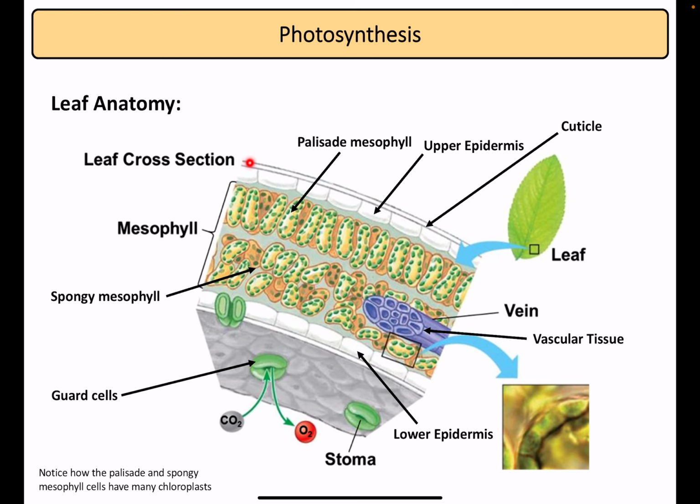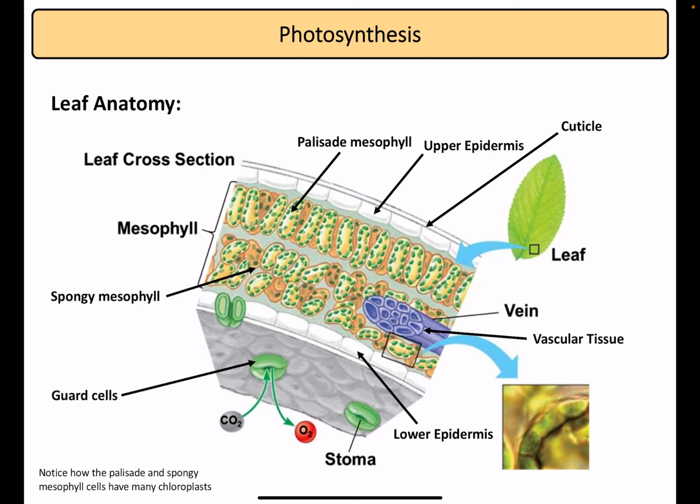So the first layer is not really a tissue. It's a waxy coating called the cuticle. And it's composed of waxes, which are lipids, which creates a really watertight, hydrophobic barrier that prevents water from being lost.